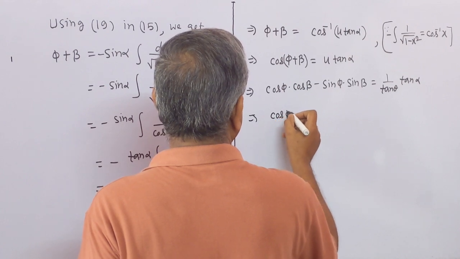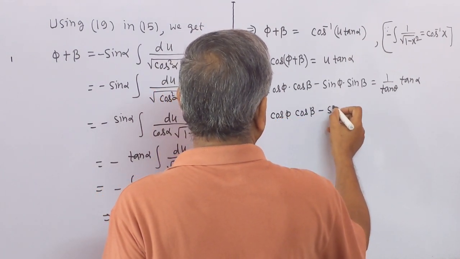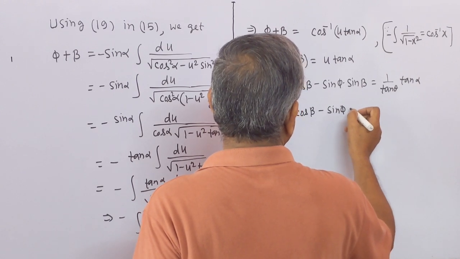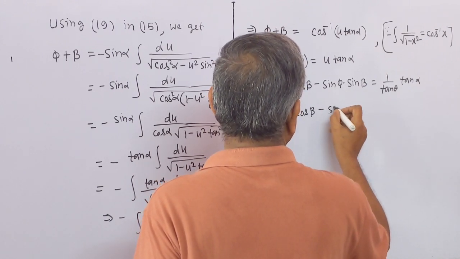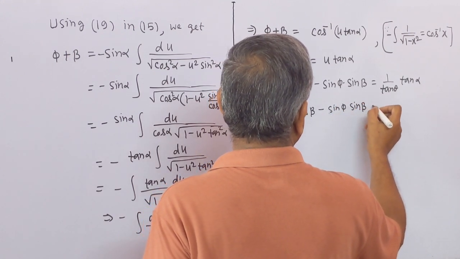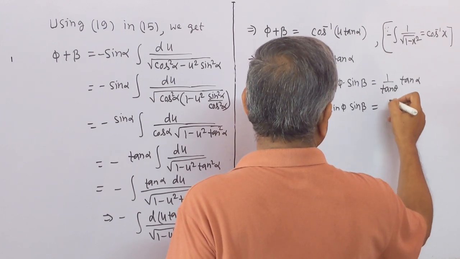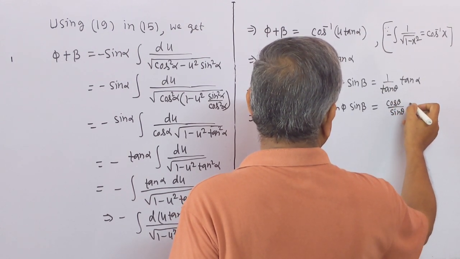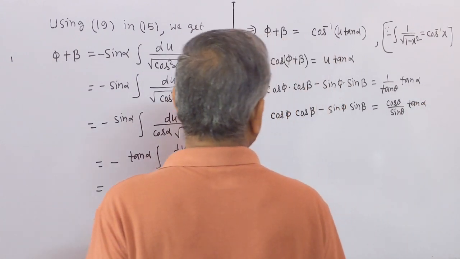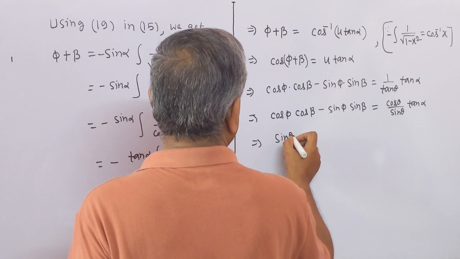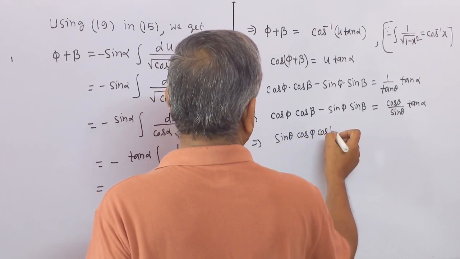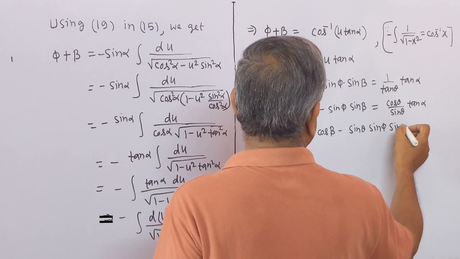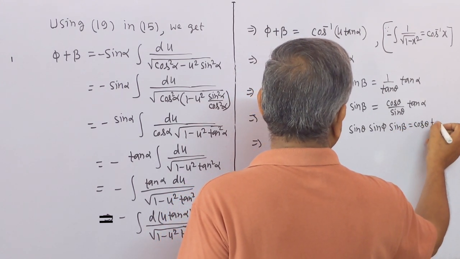This implies that cos phi cos beta minus sin phi sin beta equals cos theta by sin theta tan alpha, so sin theta cos phi cos beta minus sin theta sin phi sin beta equals cos theta tan alpha.